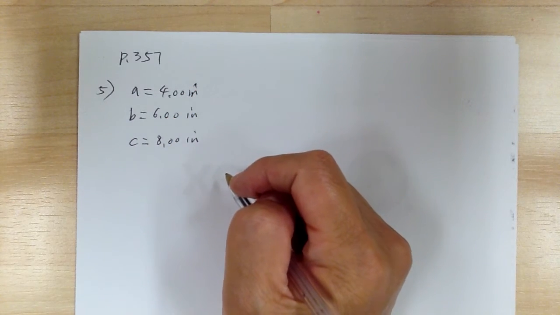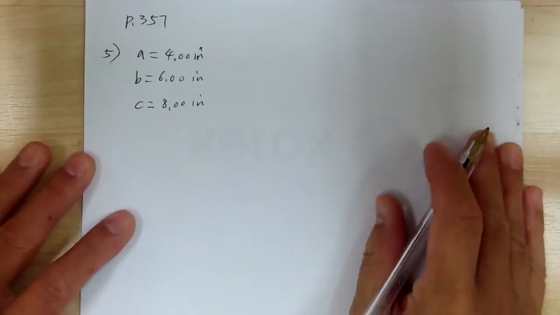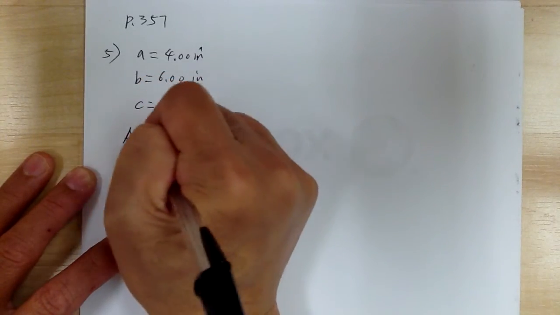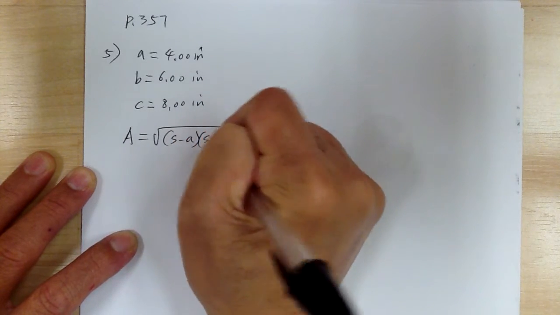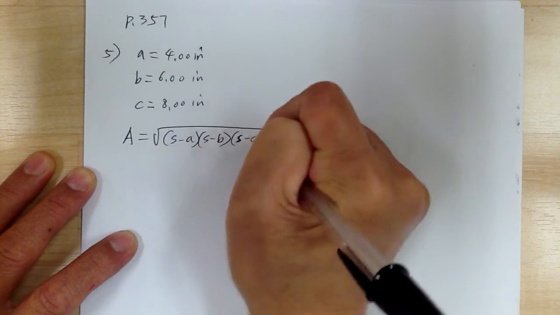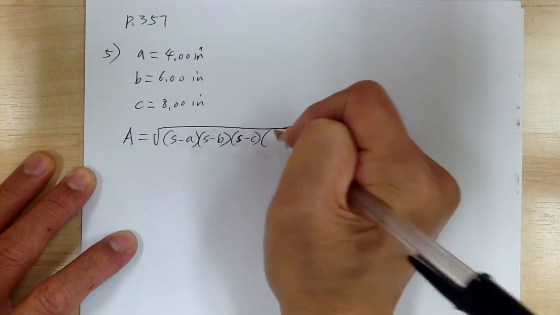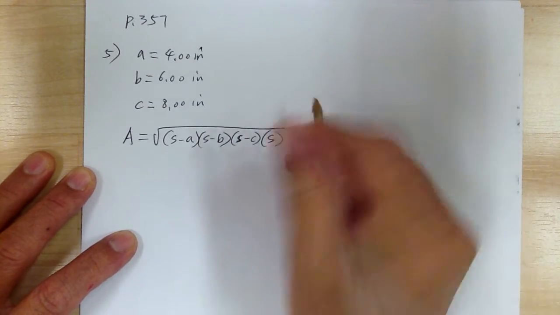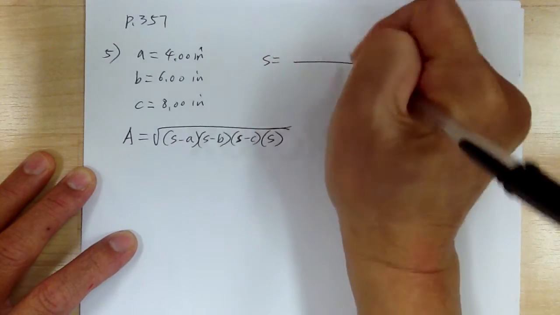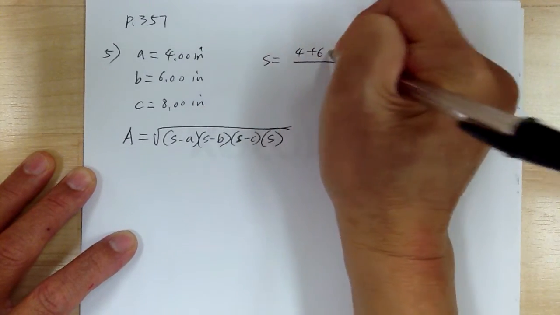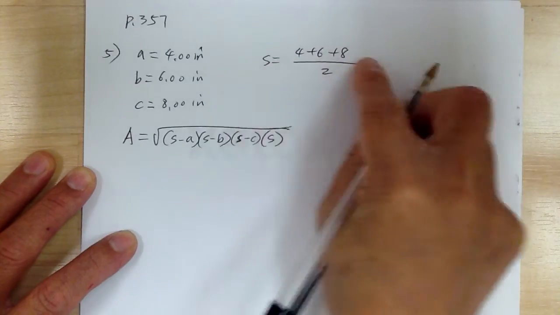So the three sides are given, so you need to use Heron's formula. Heron's formula is A equal to square root of s times s minus a, s minus b, s minus c. And s is your semiperimeter, so that's going to add all this together, so you got 4 plus 6 plus 8 divided by 2.